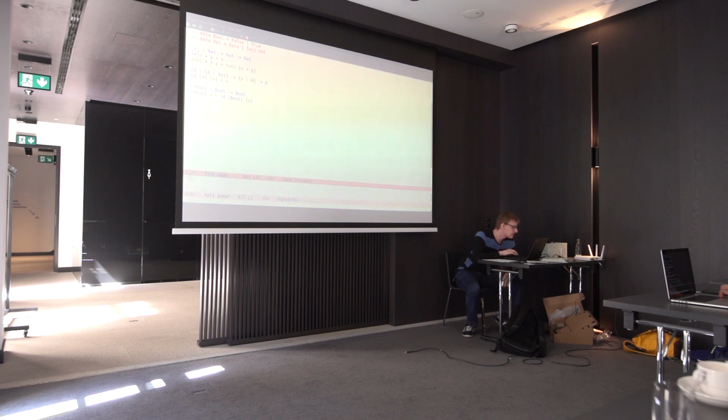I was talking about this plus operator, and let's write an if then else. If then else is not a built-in syntax, and I can write it as Bool to A to A to A. If b then t else f equals question mark.